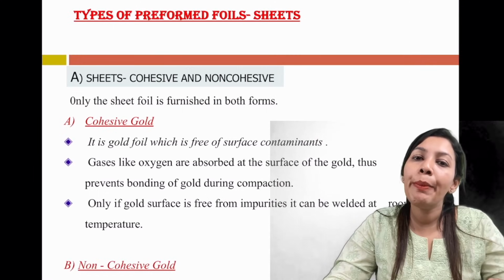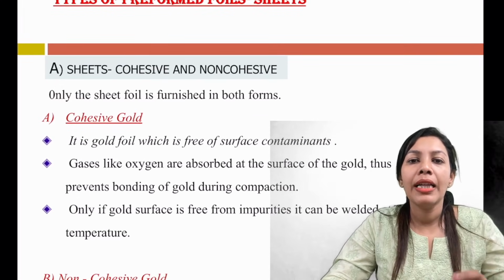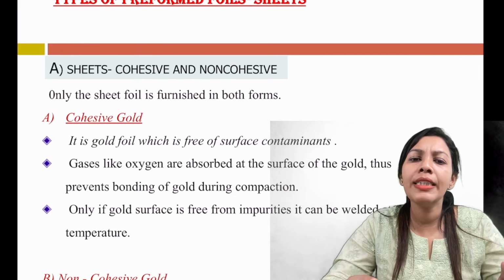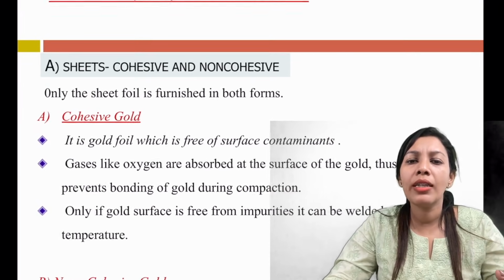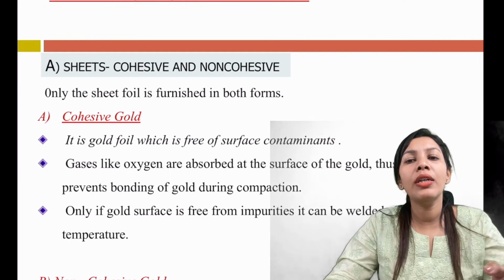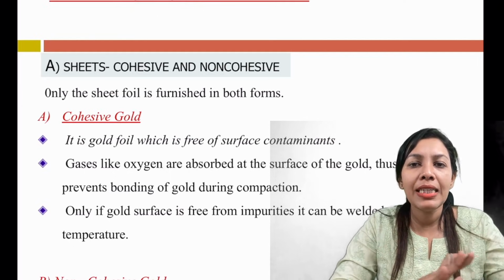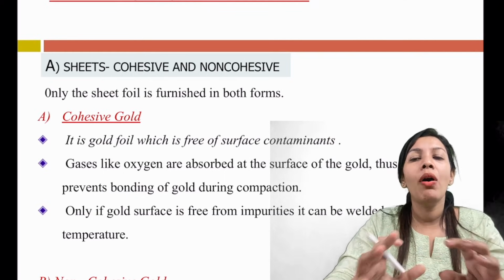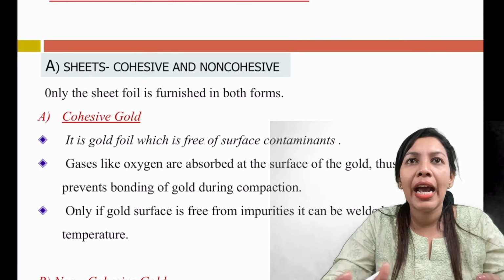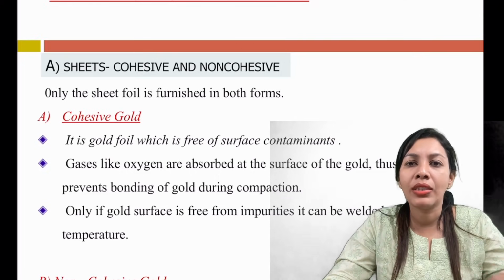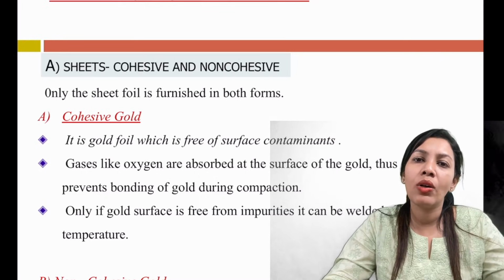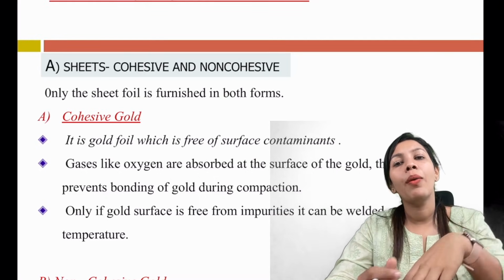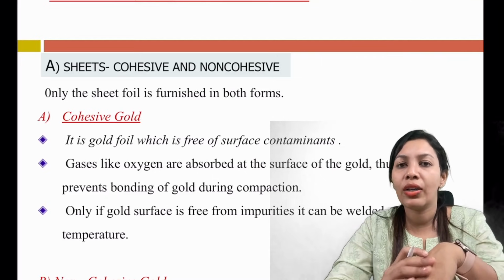Next is the type of preformed foil. There are two types of sheets, cohesive and non-cohesive gold. So what is cohesive gold? Cohesive gold is pure gold which does not have any surface contaminant. Normally our air contains oxygen and oxidizing agents, and gold has the property to form corrosive products on its surface.